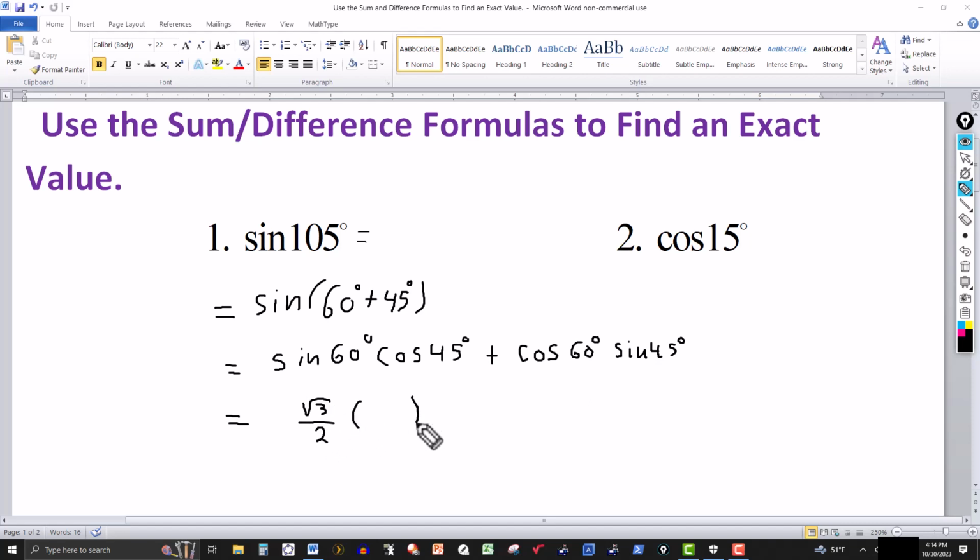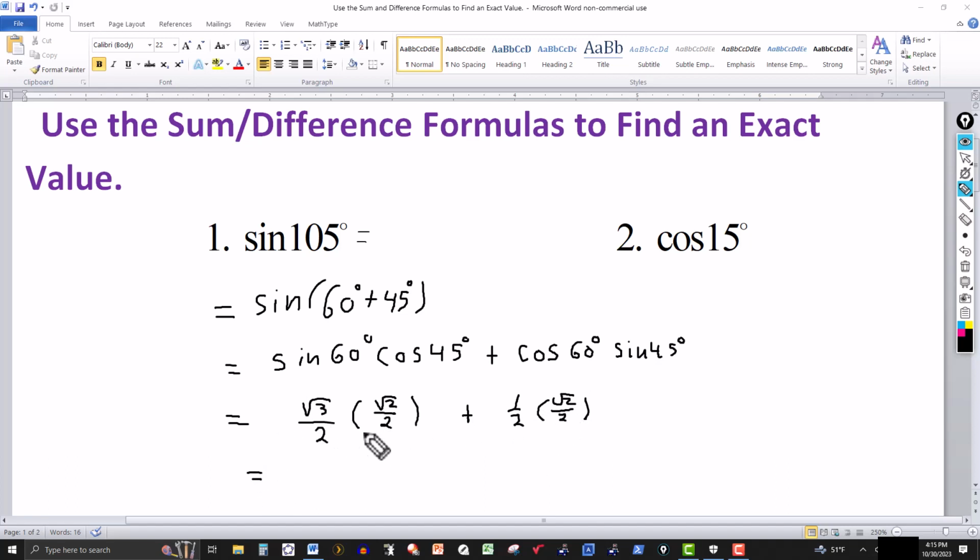The cosine of 45 degrees is 1 over the square root of 2, or rationalized, the square root of 2 over 2, plus the cosine of 60 degrees is 1/2. The sine of 45 degrees, again, just like the cosine, is the square root of 2 over 2.